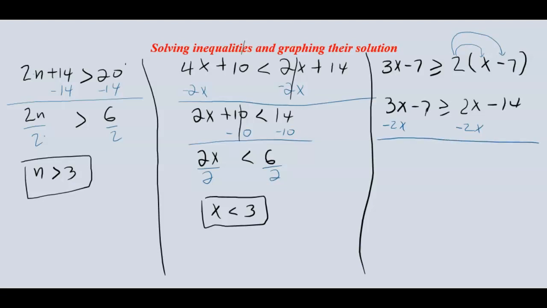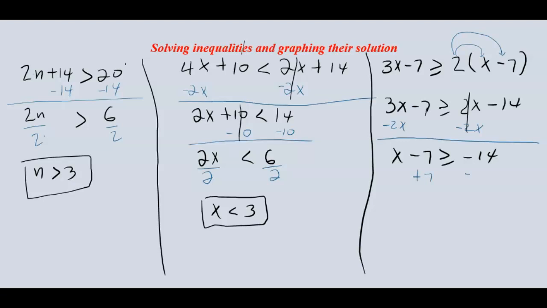So doing that, we got 3x minus 2x equal to x, minus 7 greater than or equal to, now this is gone, minus 14. So now what we're gonna do is get rid of that negative 7, by adding 7 to it.